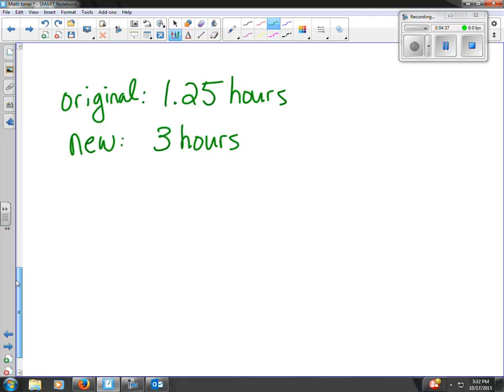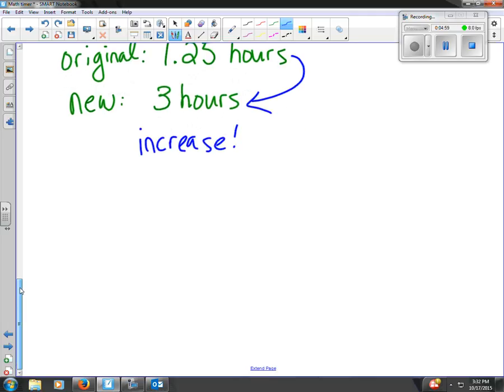The original amount was 1.25. Now the new amount is 3 hours. So going from here to here, is that an increase or a decrease? It's an increase.